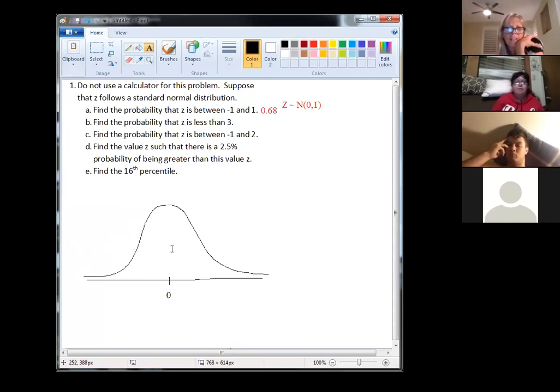What do y'all think? Yeah, it's going to be far right, because if there's only 2.5% bigger than you, you're pretty big. Is that clear? So let's go to big. So that means I'm going to go like this, like so. I'm going to just call that X. I don't know what it is, but I do know this area. This area is 0.025.